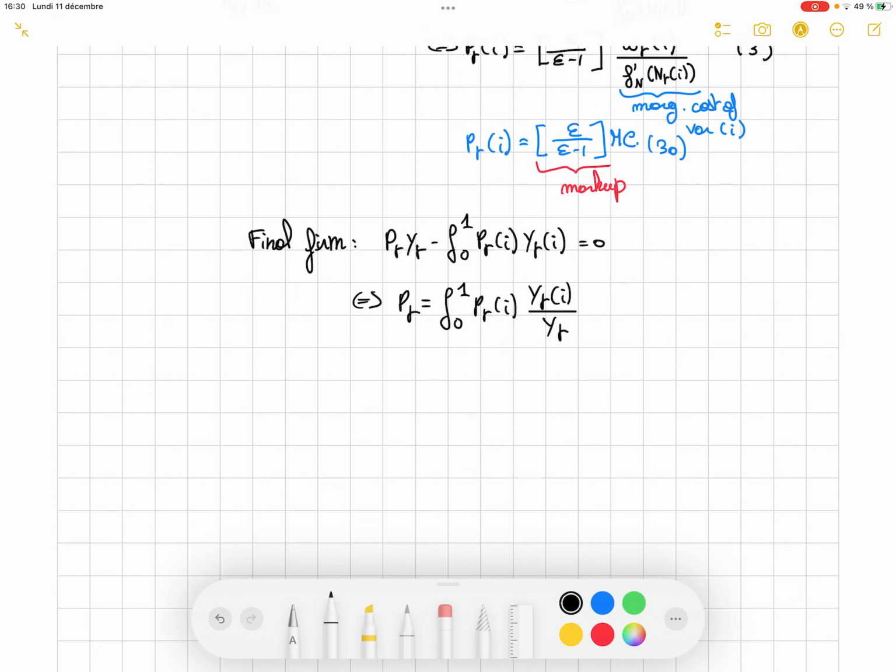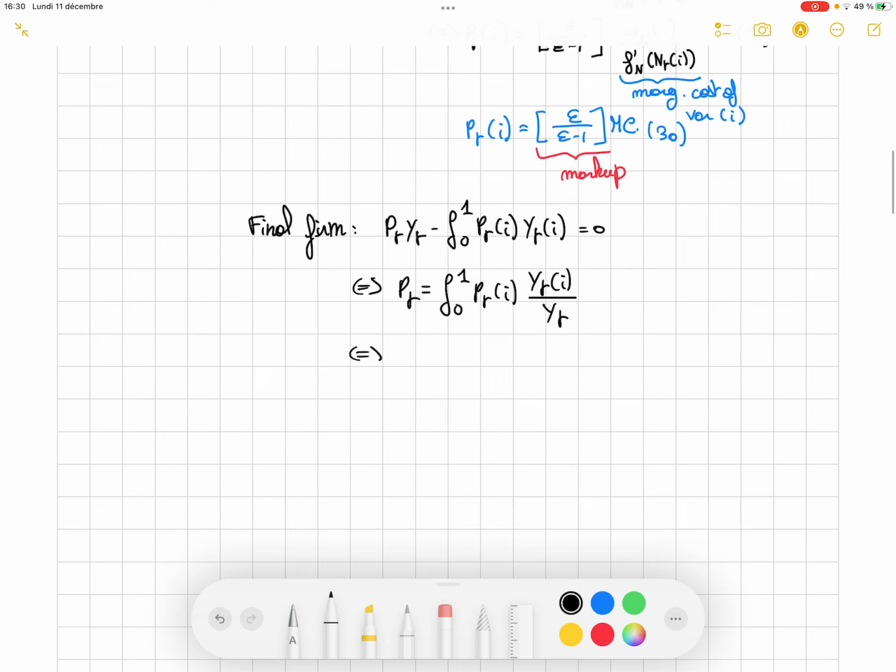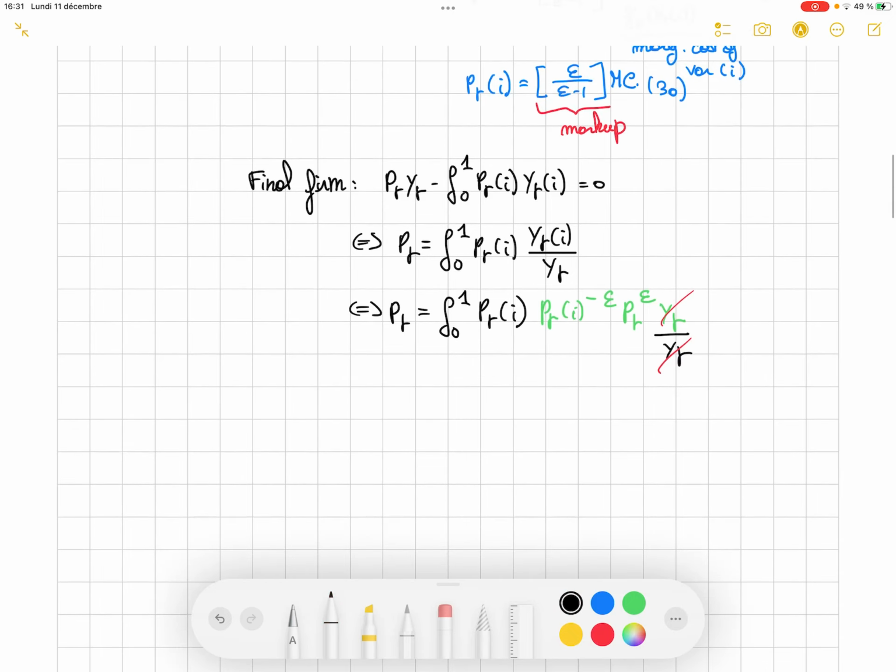By doing it, we obtain that the price is equal to this expression multiplied by P_t,i exponent minus epsilon, multiplied by the price index exponent epsilon, multiplied by the amount of production divided by the amount of production. So that cancels out, of course.